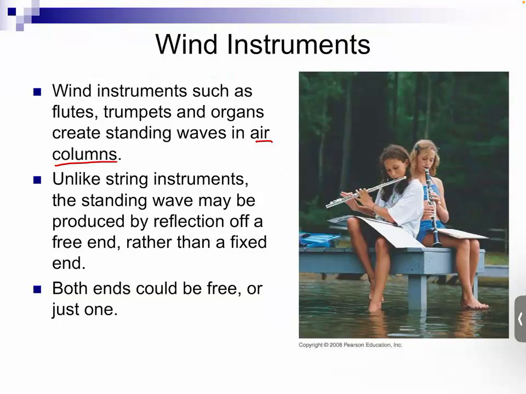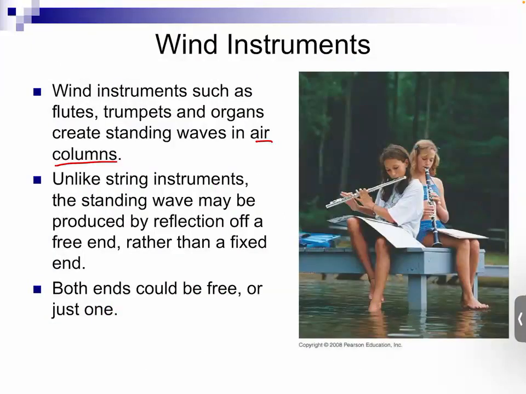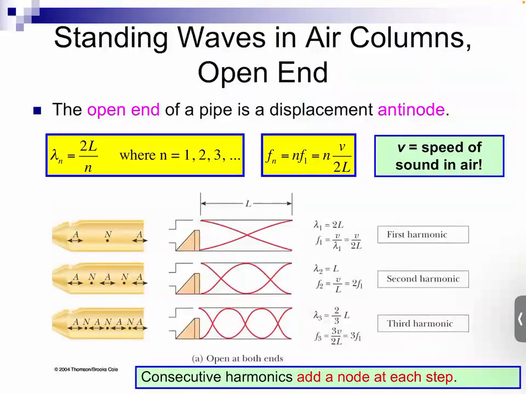But unlike string instruments like the guitar, where both ends are fixed, for wind instruments you have either both ends free, or only one of the ends free. For an open end, because the ends are open, there's nothing fixing the sound wave at the ends. Therefore, the ends are naturally antinodes.